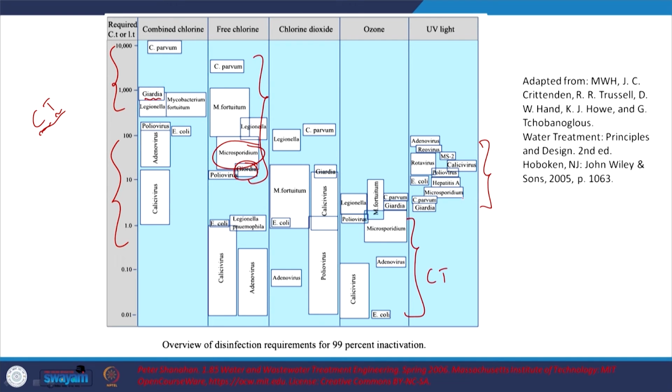This is an advantage, because to kill a range of pathogens, I need not spend a lot of time, meaning a lot of resources and space, but I can do this within a smaller time, and that will also affect the size of the system. But one aspect when we are designing small reactors is that it is easy for the water to bypass the relevant treatment path and be short-circuited from influent to effluent, meaning it does not spend enough time in the reactor.